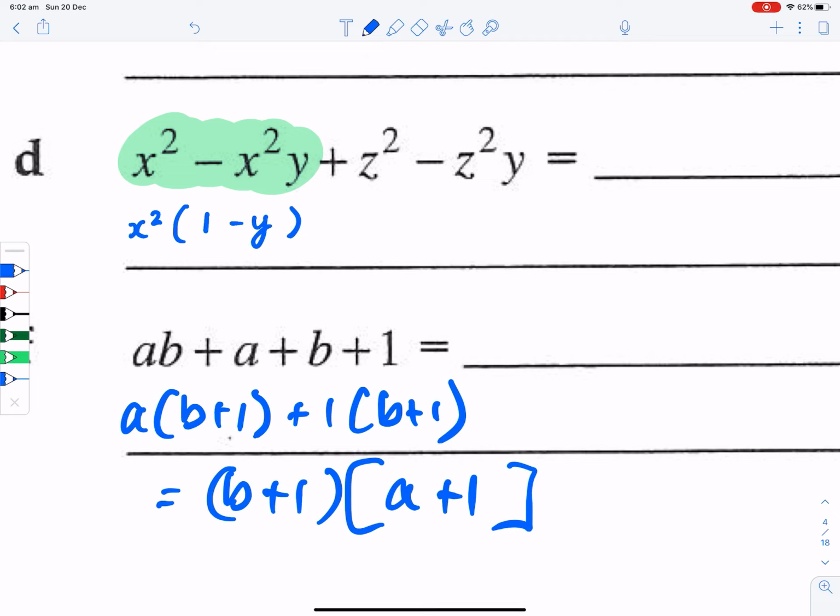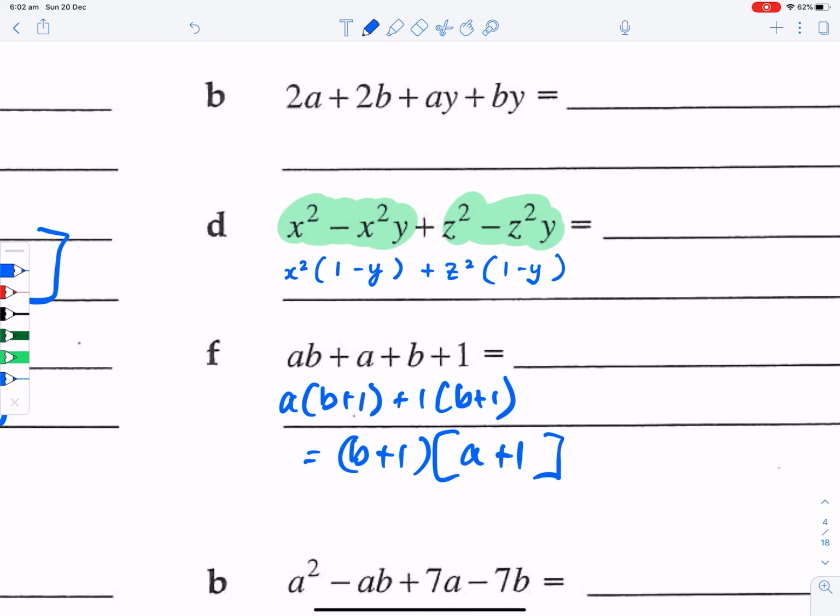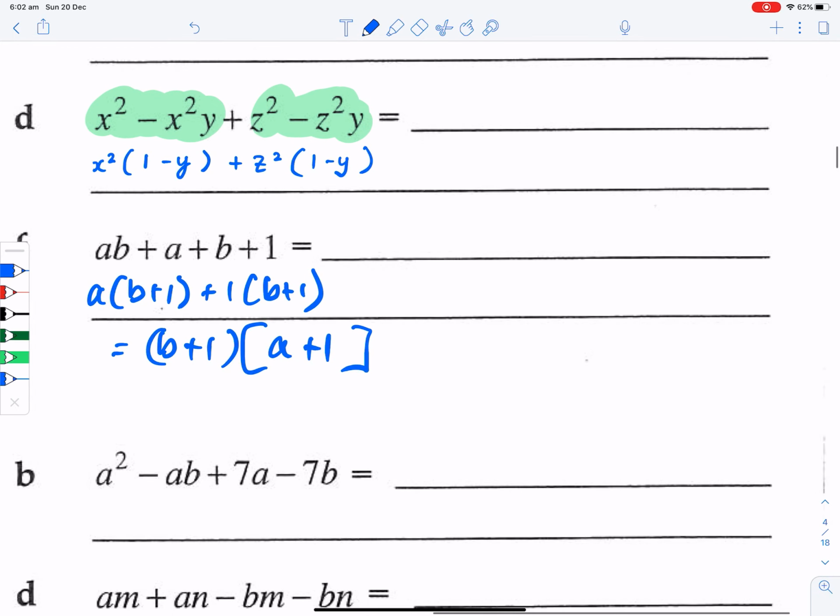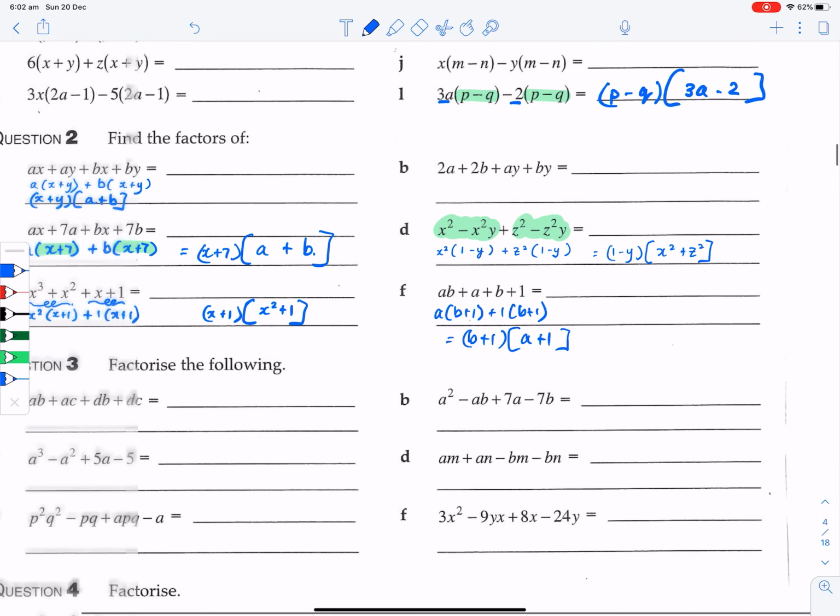And now, from the next two terms, you can see that z squared is the highest common factor. And that's perfect, because now we can take out 1 minus y. Okay, and your job's complete.